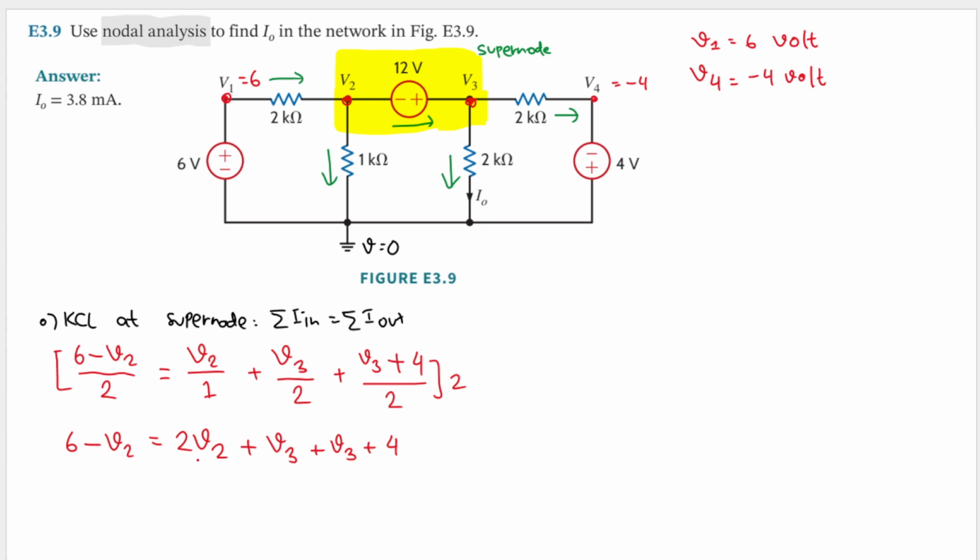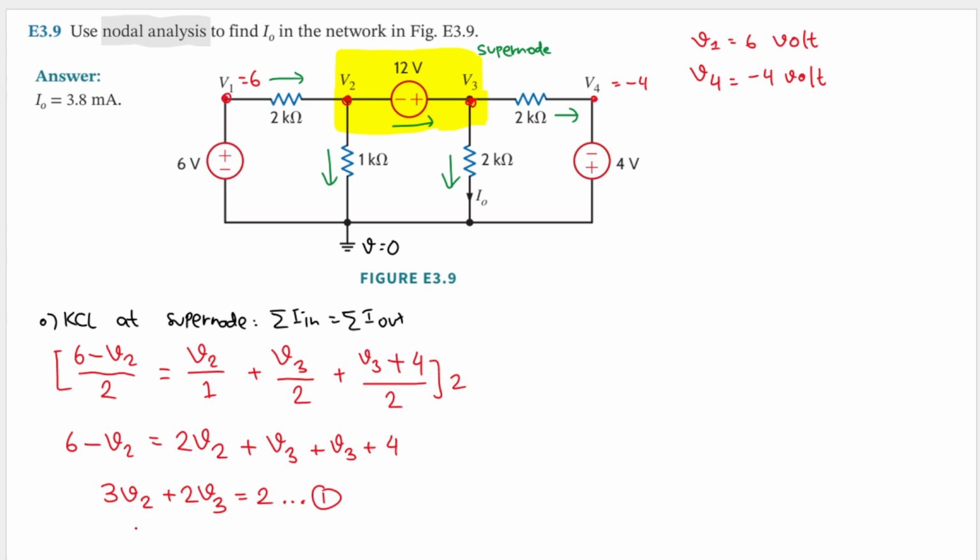Let's move terms to the right-hand side: we have 3 V2 plus 2 V3. Then move the 4 to the left-hand side: 6 minus 4 is 2. Let's save this as equation number 1.